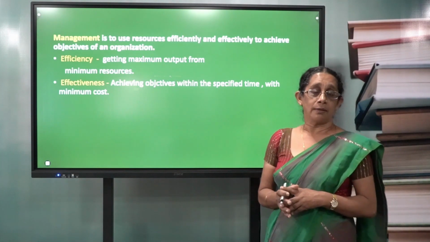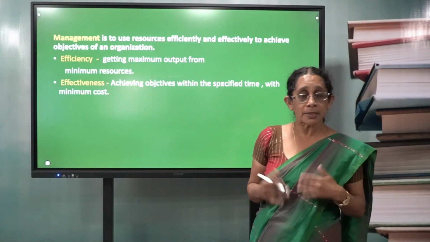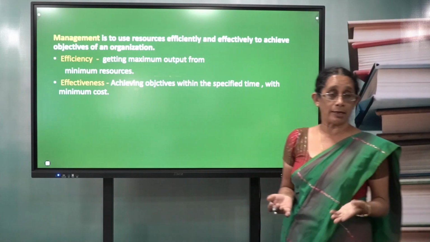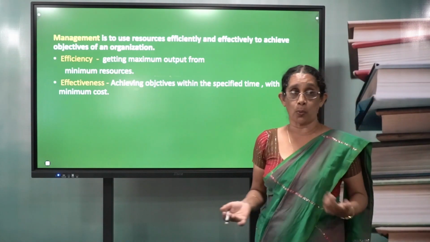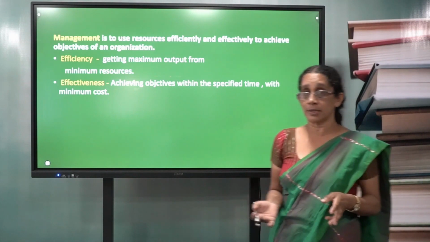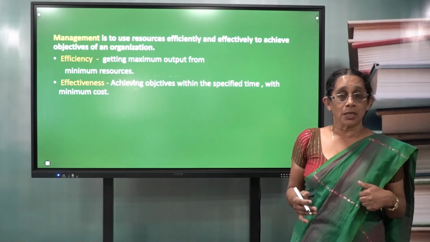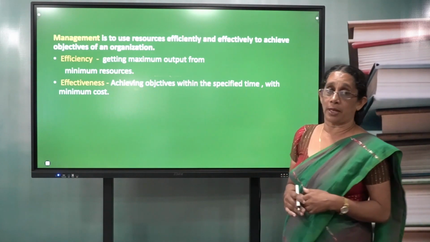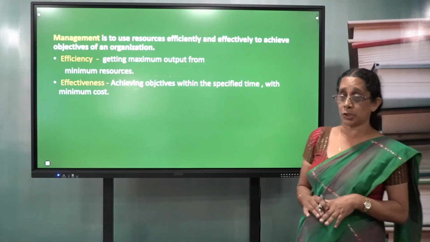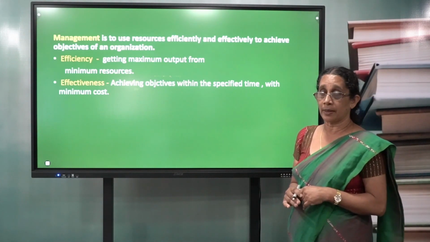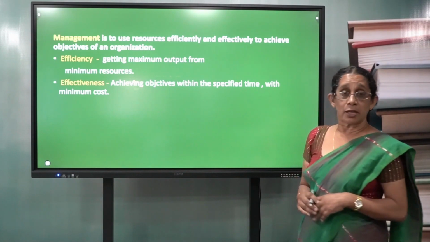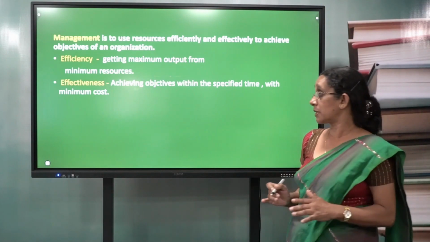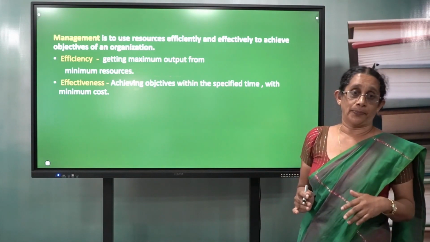These resources are limited in nature. Can we get these things in an unlimited way as we want? No. If we could get these resources as we want, then businesses could function well. But because of the limitedness of resources, businesses have to be very careful in conducting their business activities. That is, they have to utilize these resources very carefully.